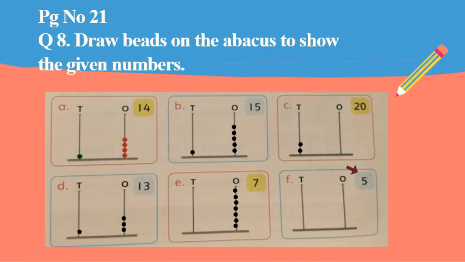In part F we have number 5. So we draw 5 beads in the ones column and no bead in the tens column. 1, 2, 3, 4, 5.